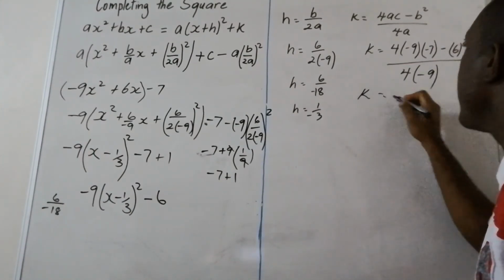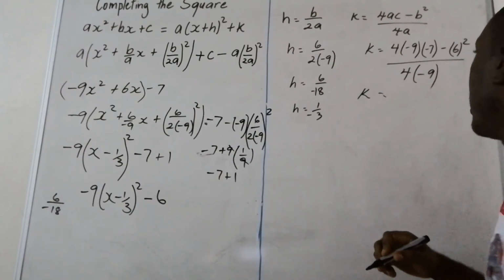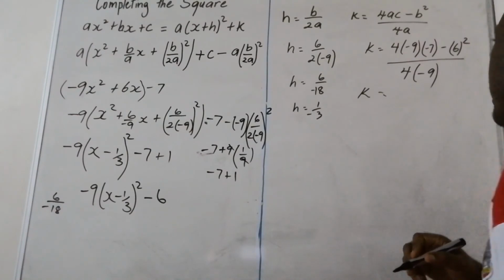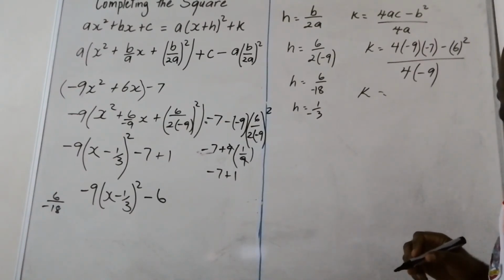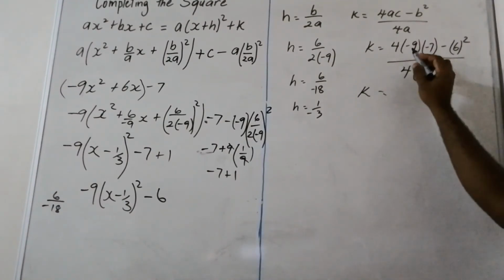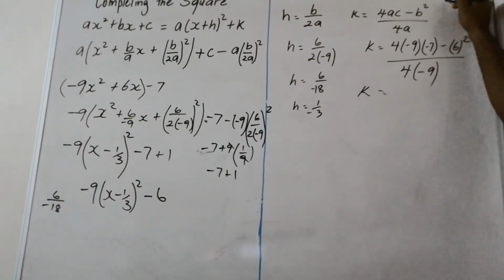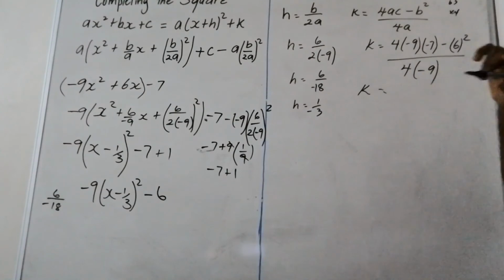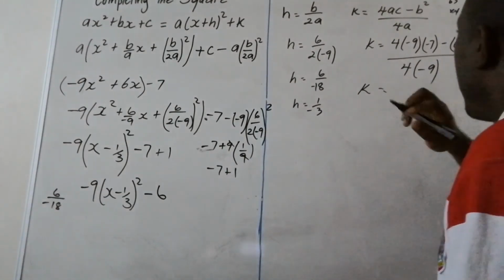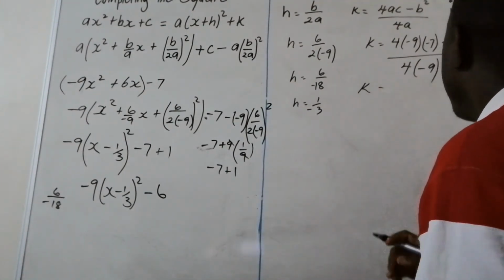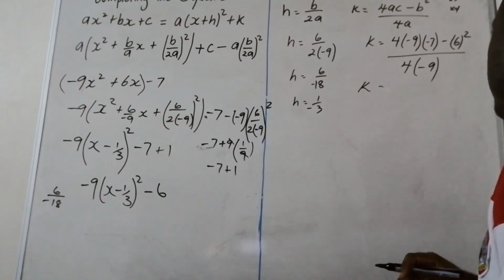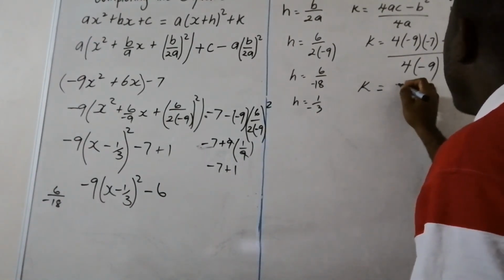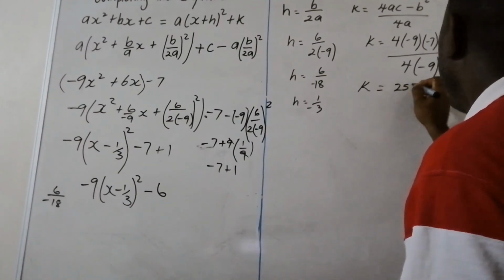Right, so all right, 9 times 7 will give us 63. 63 times 4 will give us, 60 times 4 is 240, 240 plus 12, 252.